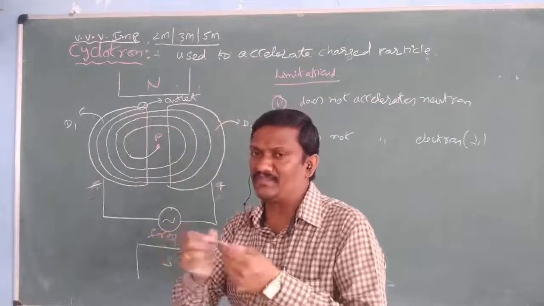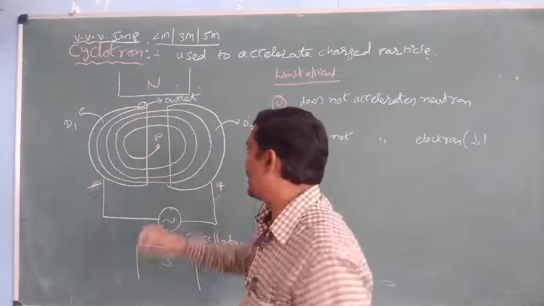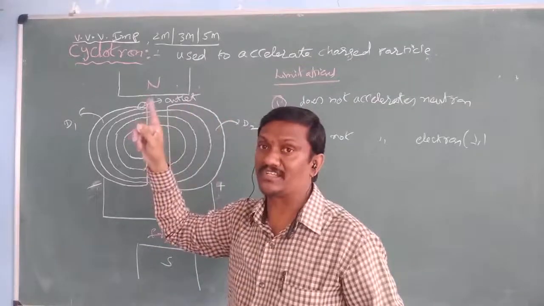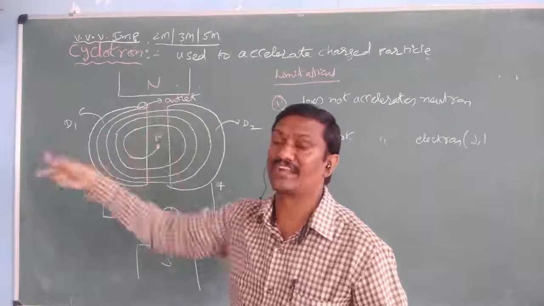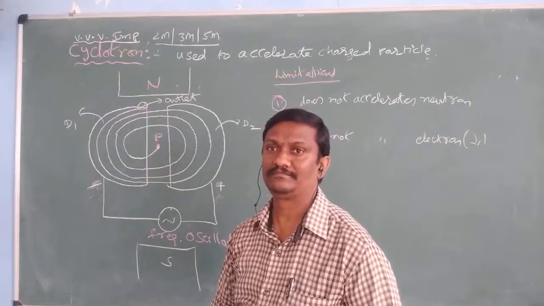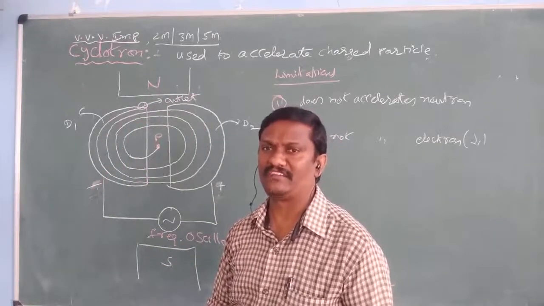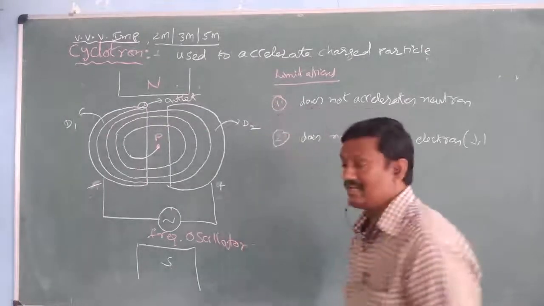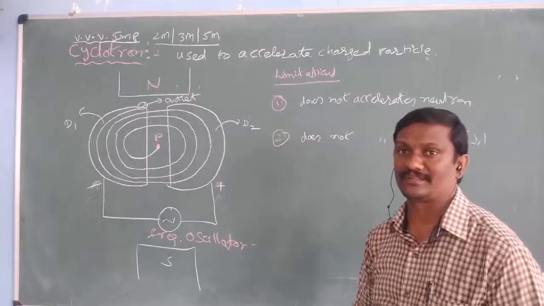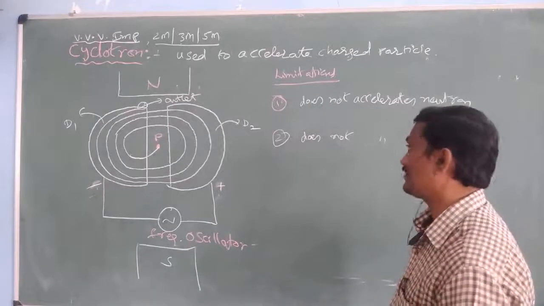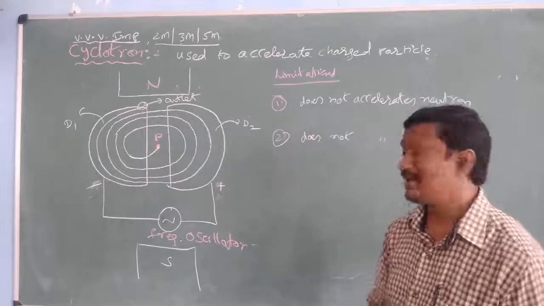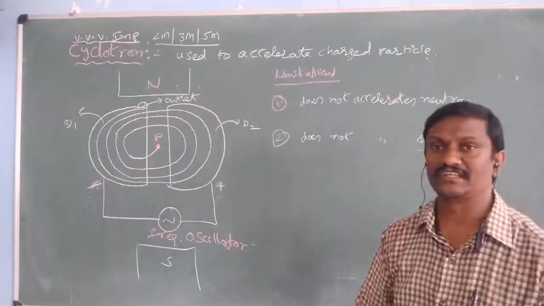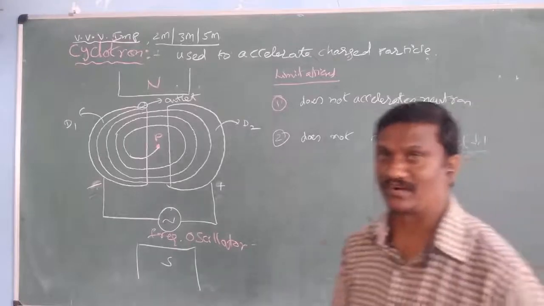So it does not stay a long time inside, and we can't increase the kinetic energy of the electron much. So the cyclotron does not accelerate neutrons or electrons. That is also a limitation of the cyclotron.